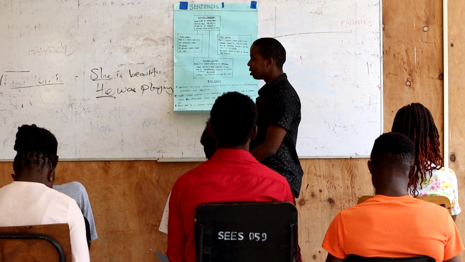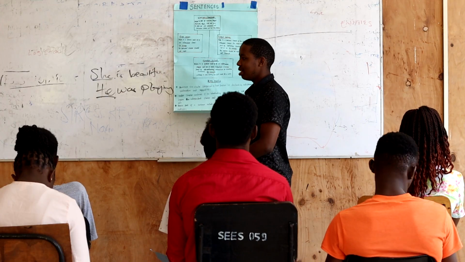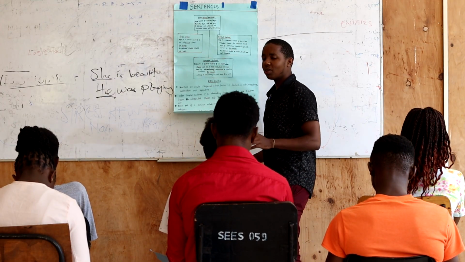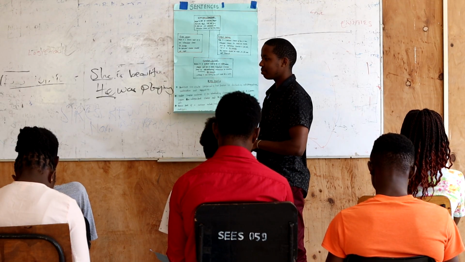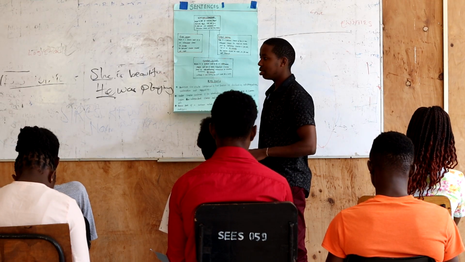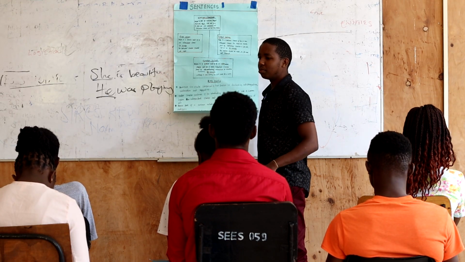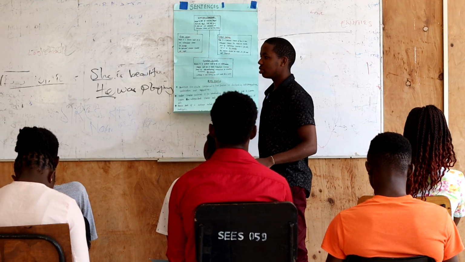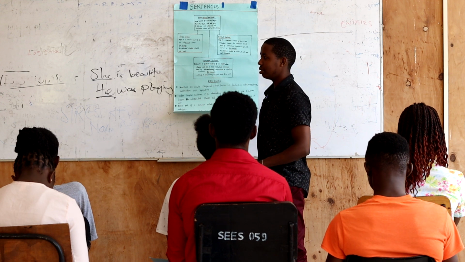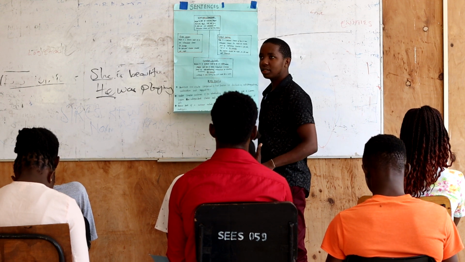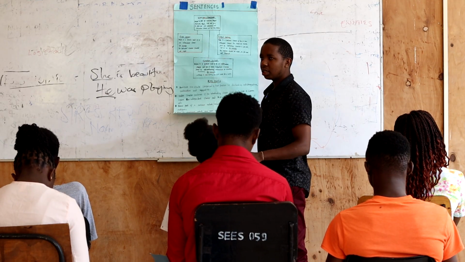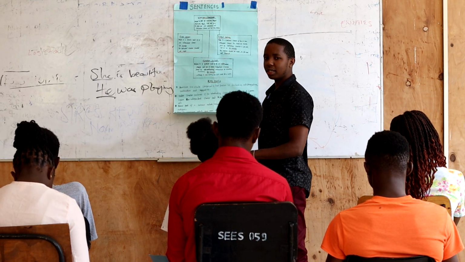Let's look at complex sentences. Complex sentences are made up of one independent clause and one or more dependent clauses combined together by a subordinating conjunction. For example, you can say, as soon as I left the class, the lecturer gave out some assignment.